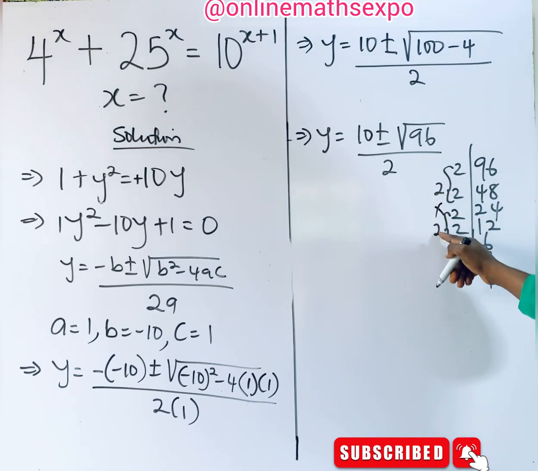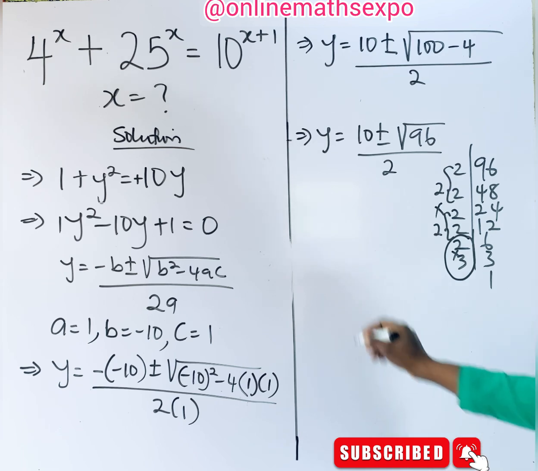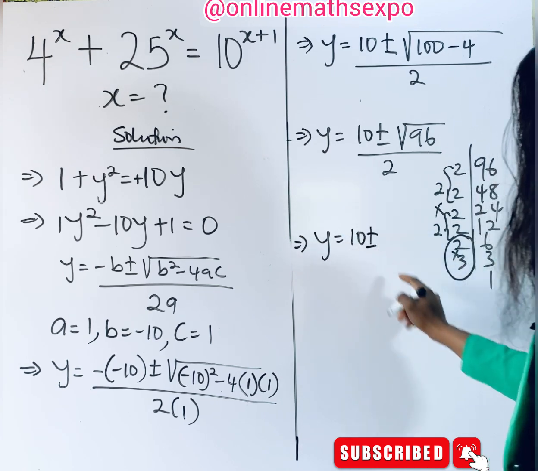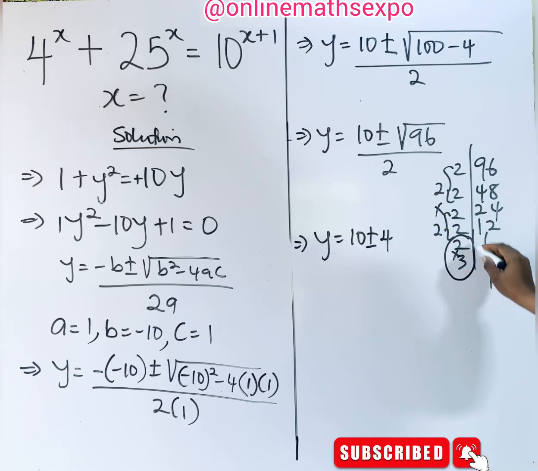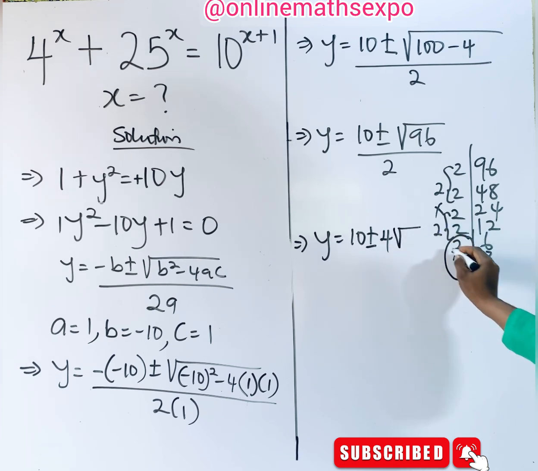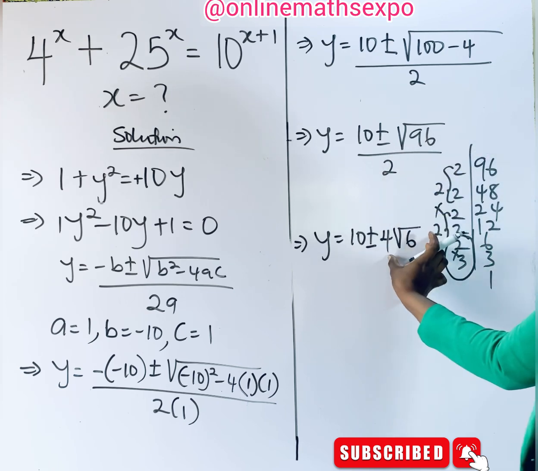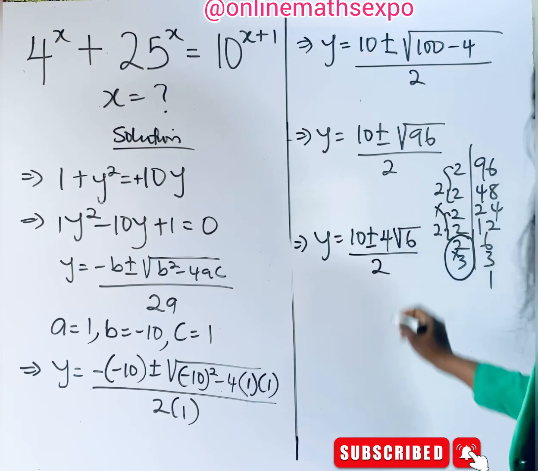You have 2 multiplied by 2 is 4. These ones you can't pair, you also multiply. Now let me show you what you have. So this gives us y is equal to 10 plus or minus, this one you multiplied will be outside the root, so you have 4. This that doesn't have a pair remains in the root, it becomes 6. So it means that the square root of 96 is the same as 4 root 6. Then everything is divided by 2.